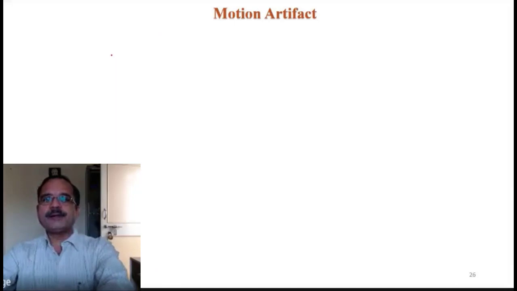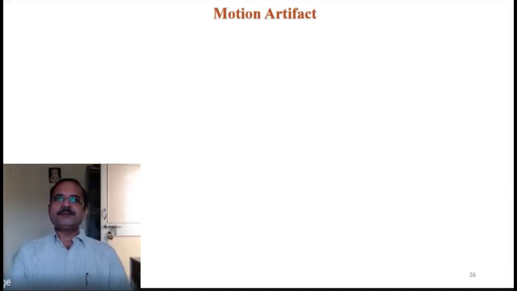Now the motion artifact. Many times we connect these electrodes to some body part. For example, if you connect the electrodes to a hand or limb, obviously there will be some movement.